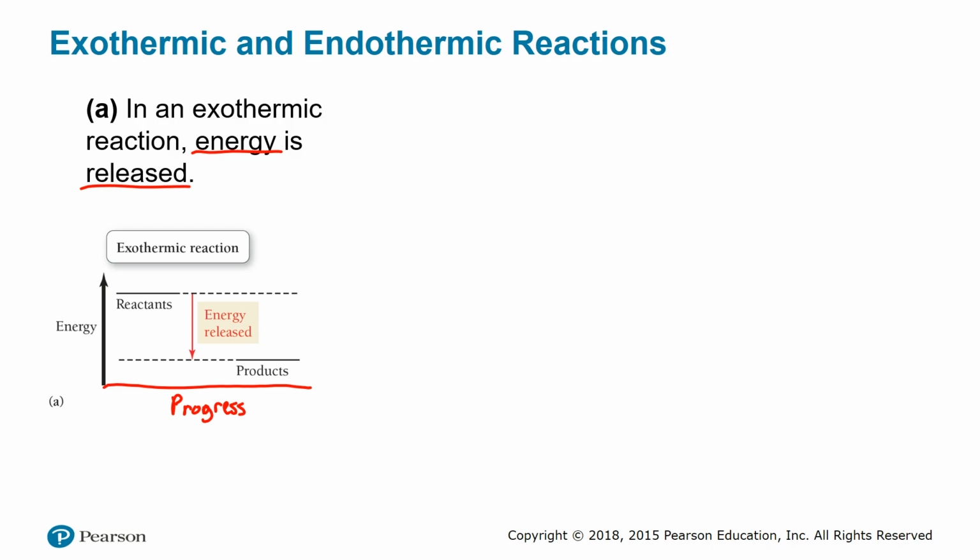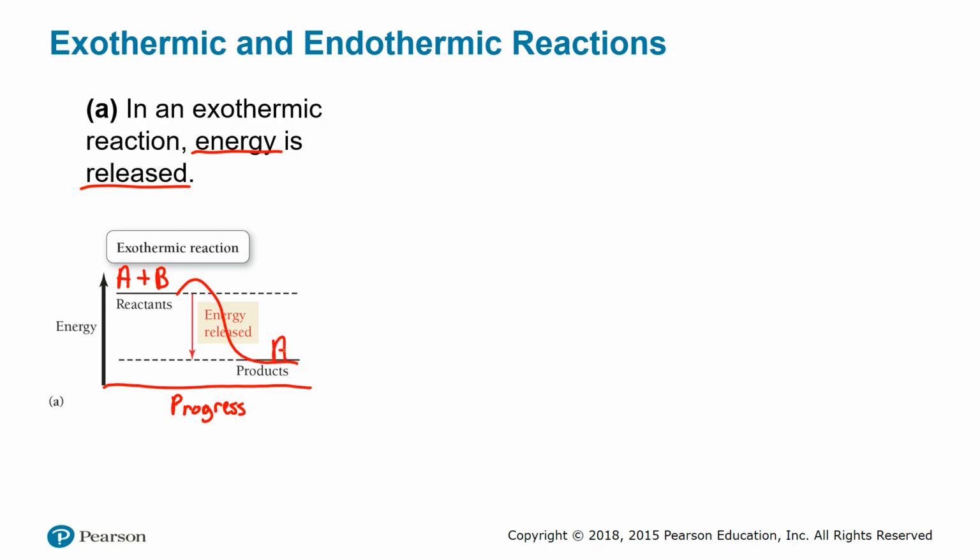So if I have certain reactants, reactant A plus B, and I'm trying to show that this is an exothermic reaction, that means that reactants A and B up there have a lot of energy, and during the reaction, I'm going to lose it.